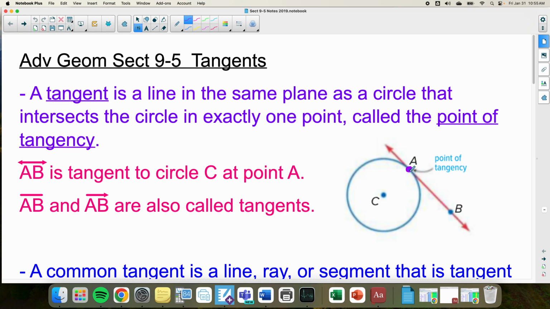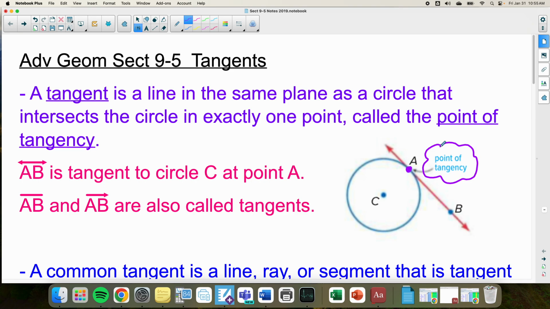So a tangent intersects a circle in only one point, and the point that it intersects is called a point of tangency, okay? Does this have anything to do with tangent in trigonometry, or does it just have the same name?